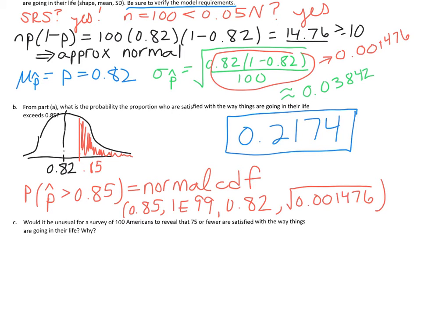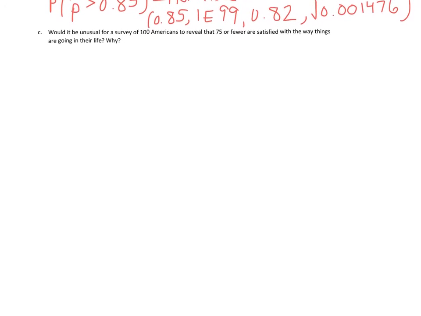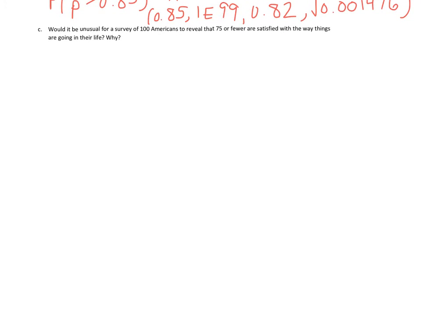Okay, so next, would it be unusual for a survey of 100 Americans to reveal that 75 or fewer are satisfied with the way things are going in their life? Okay, so unusual, remember that means the probability has to be less than 5%.